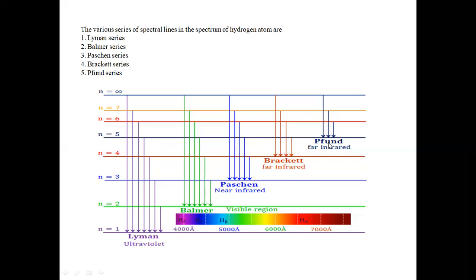And the last series is the Pfund series. Here the Pfund series results when the electron jumps from the sixth, or from any higher energy level, or even from the infinity level to the fifth energy level. This is the fifth energy level. Pfund series is observed when the electron jumps from either sixth, seventh or infinity level to the fifth energy level. And the frequencies of these spectral lines can be obtained by substituting n1 is equal to 5.